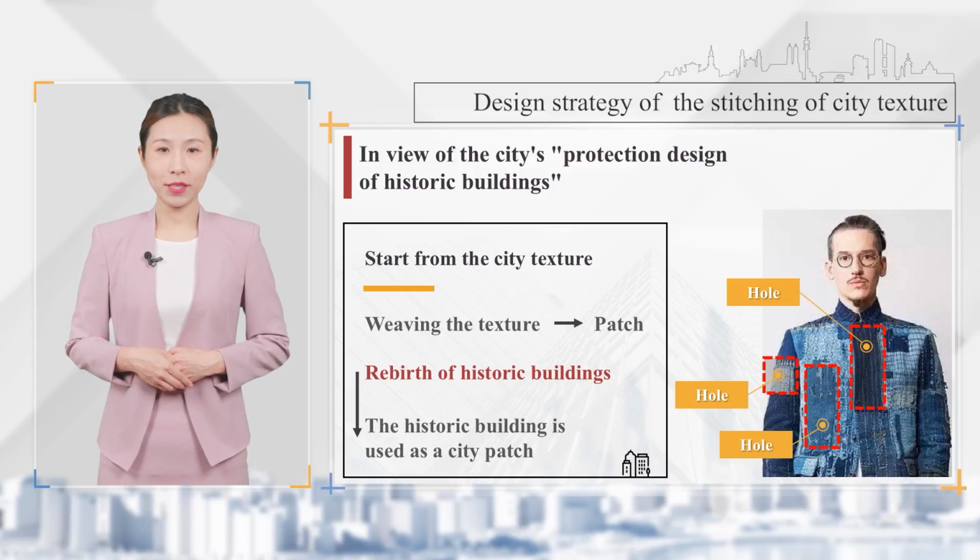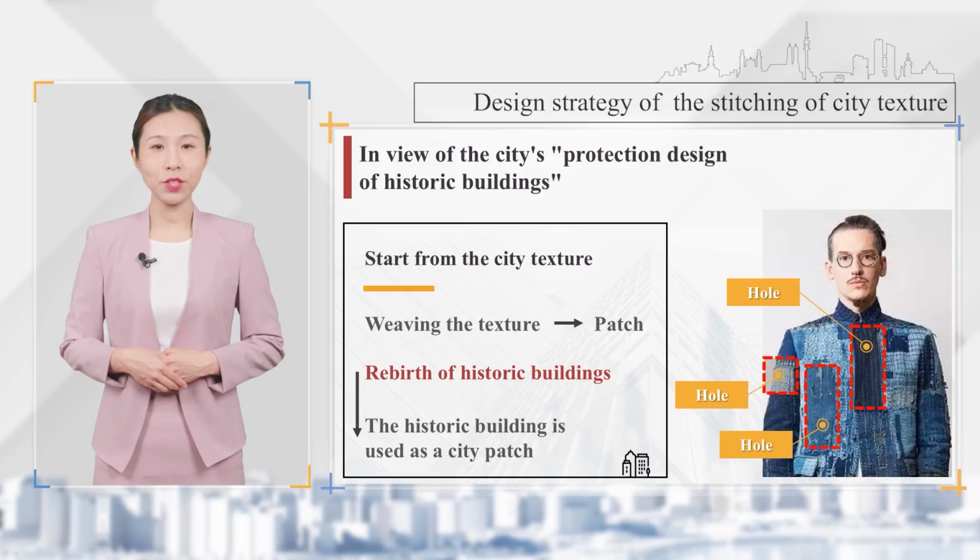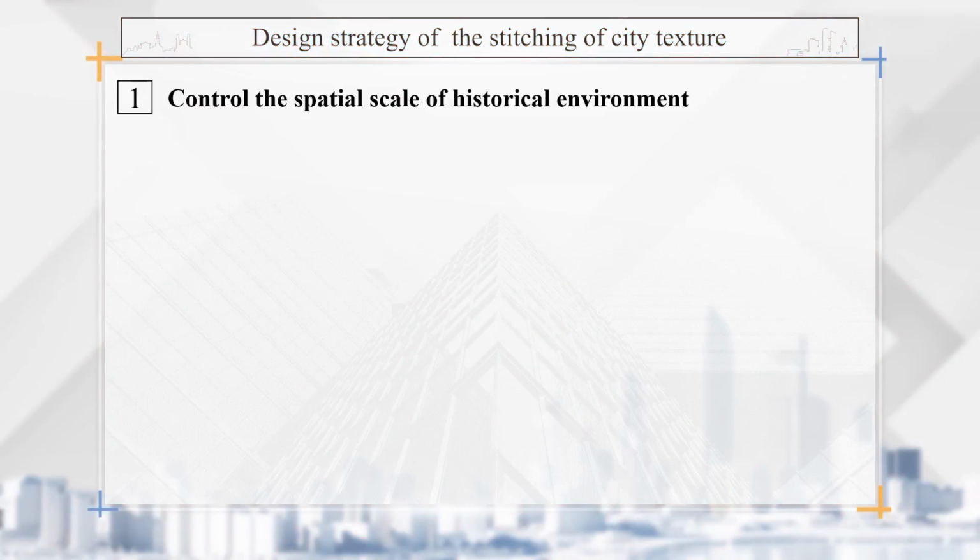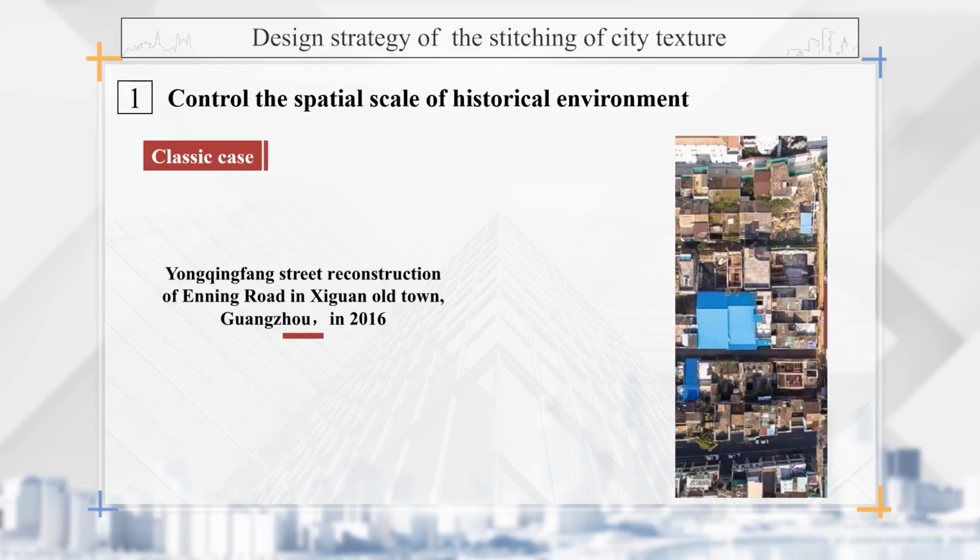Next, we will explain two kinds of stitching strategies with two cases. The first is to control the spatial scale of historical environment. We take Yongqingfang Street reconstruction of Enning Road in Xiguan Old Town, Guangzhou as an example. It is a historic district renewal project in 2016.